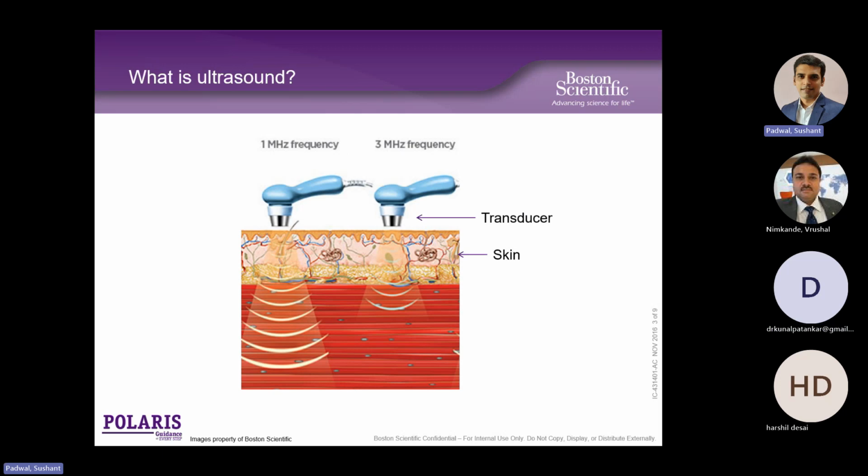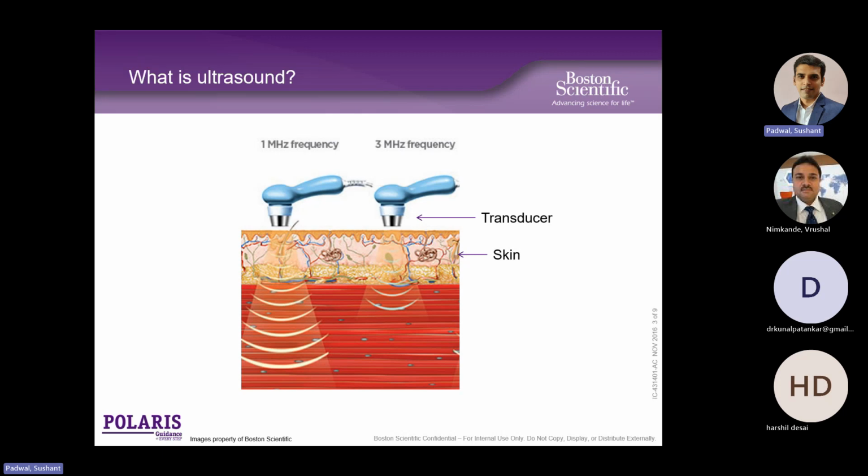So what is ultrasound? As you can see in the picture itself, it shows that 1 megahertz of frequency has a good penetration of the ultrasound through the skin, whereas a 3 megahertz frequency ultrasound has a very less depth as compared to the 1 megahertz frequency.